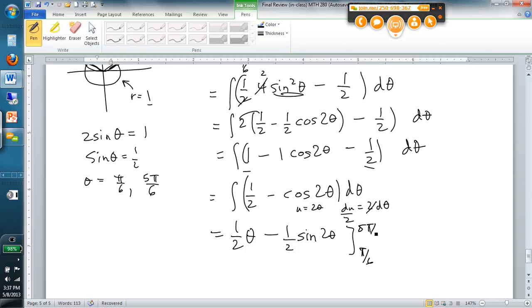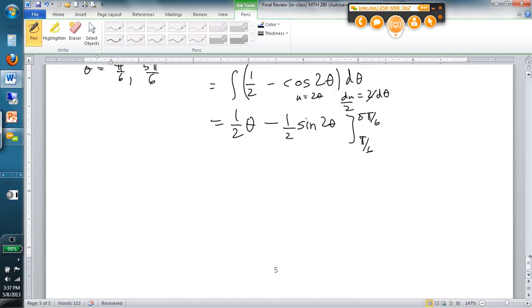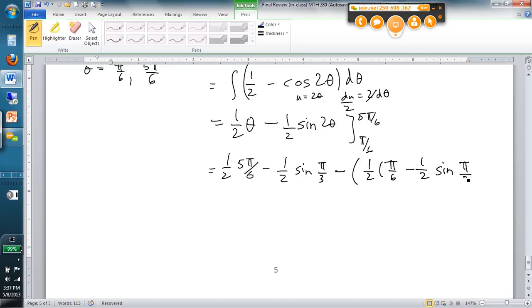So I get 1/2 of 5 pi over 6 minus 1/2 sine of pi over 3, multiplied by 2, minus the 1/2 of pi over 6 minus 1/2 sine of pi over 6 times 2, which would be pi over 3. So it's 5 pi over 12 minus 1/2 sine of pi over 3, 60 degrees, square root of 3 over 2.